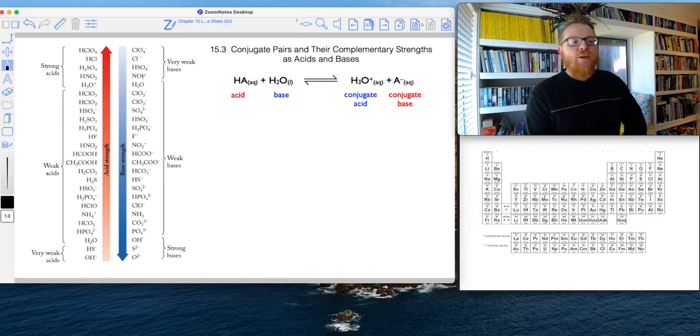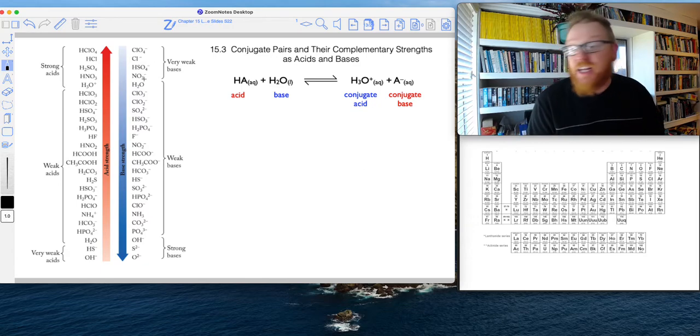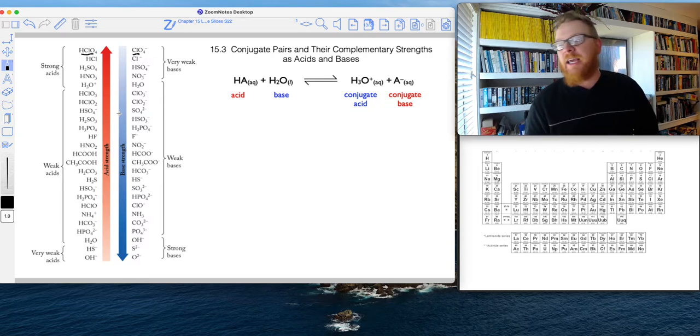So you notice here, these are now all of their conjugate bases, right? ClO4 minus is the conjugate base of HClO4. And notice the complementary strength here. HClO4 is listed as the strongest acid, but that means the ClO4 minus is the weakest conjugate base, okay?